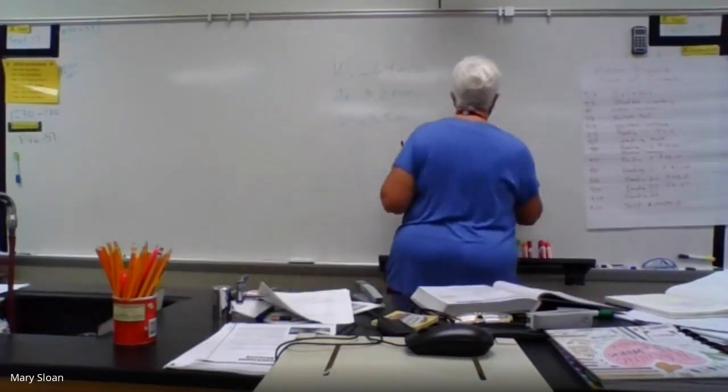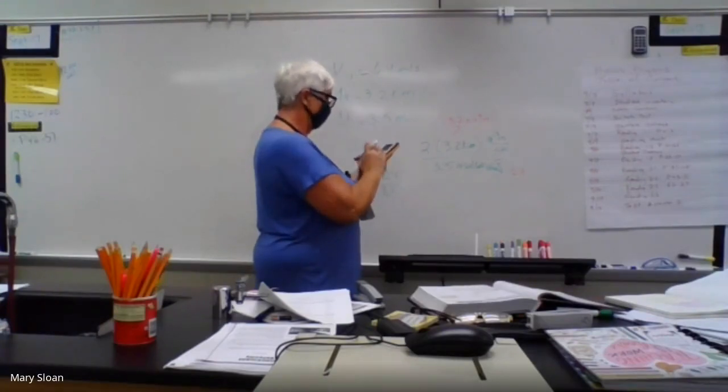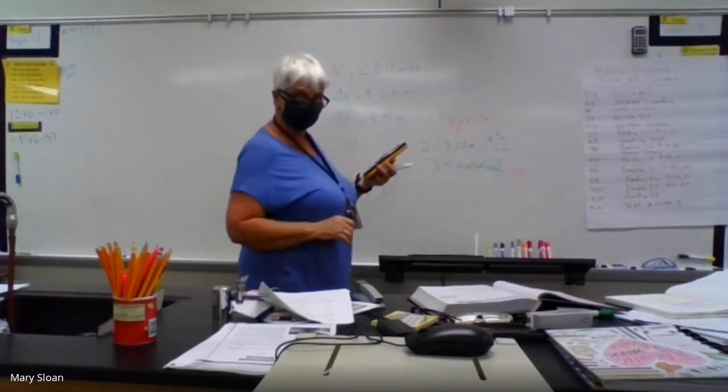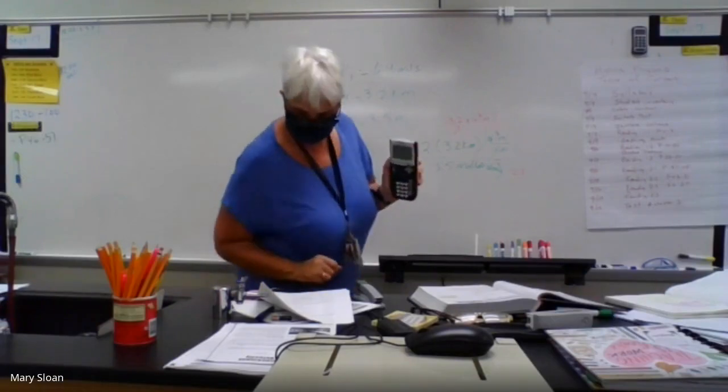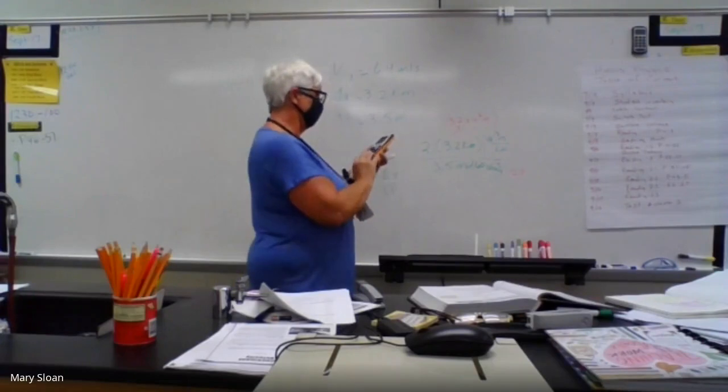So 2, open bracket, 3.2 times 10 to the 3, close bracket. 6400. What did you get? 3.5 times 60 is 210.